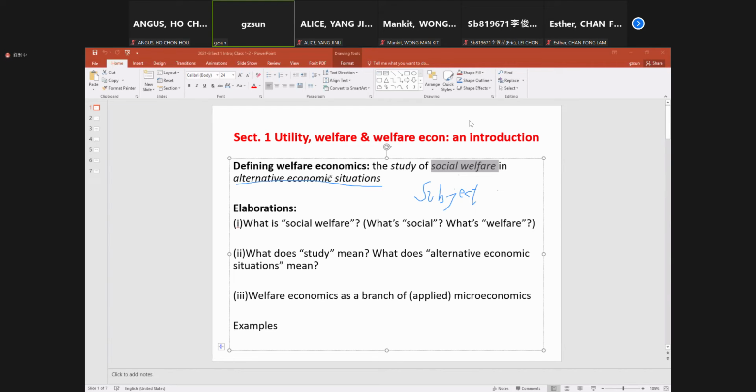That is how the situation is defined by economic variables, like income, like inflation, like exchange rate, like taxation policy, like regulation policy, and so on and so forth. So now let's explain or elaborate each of the 3 keywords.